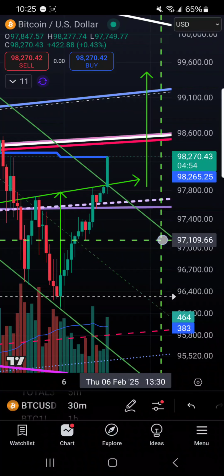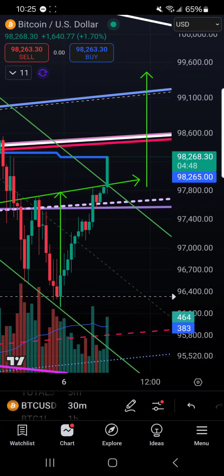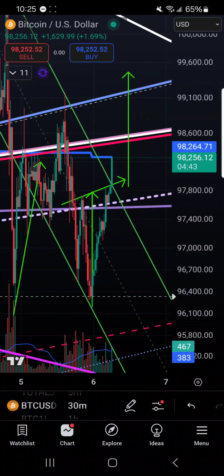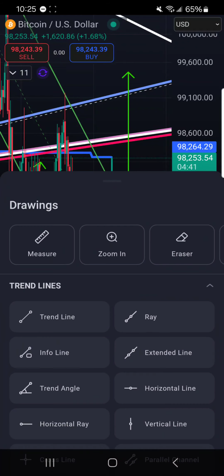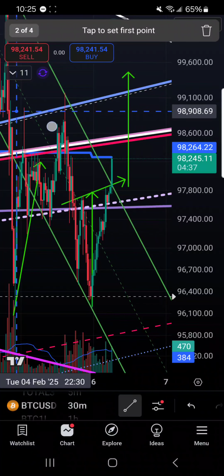And if you put the target over here, it gets us up to here.